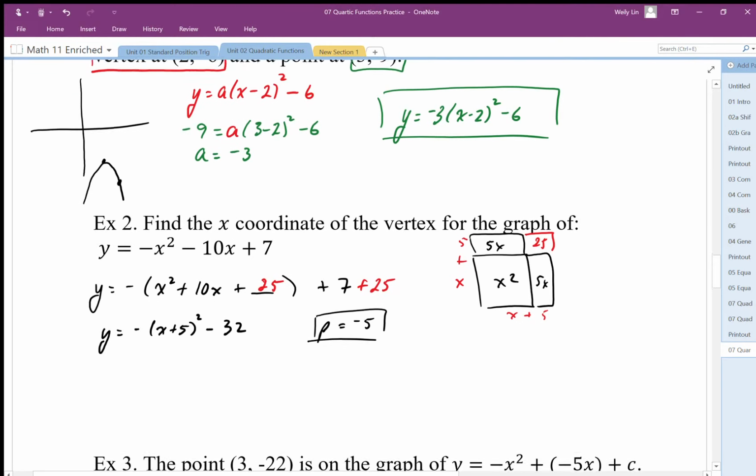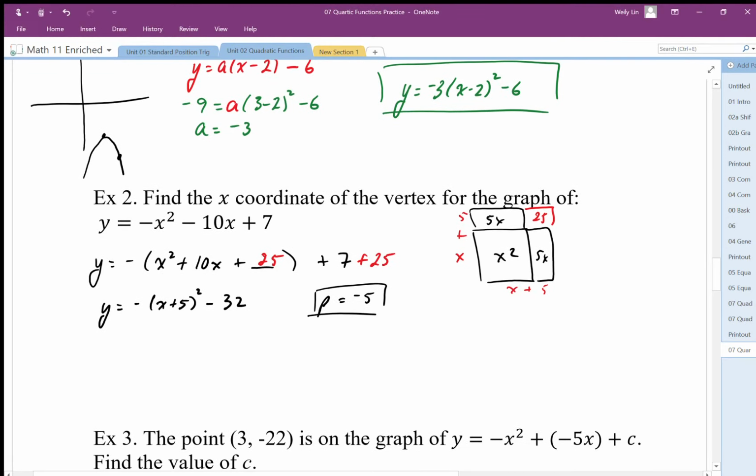We also have this formula, which finds the middle, and this is a much more efficient way to do it. It's -b over 2a. I know that the middle has something to do with the vertex, and that becomes the negative of -10 over 2 times a, which is -1. So this ends up being equal to -5. Same solution.